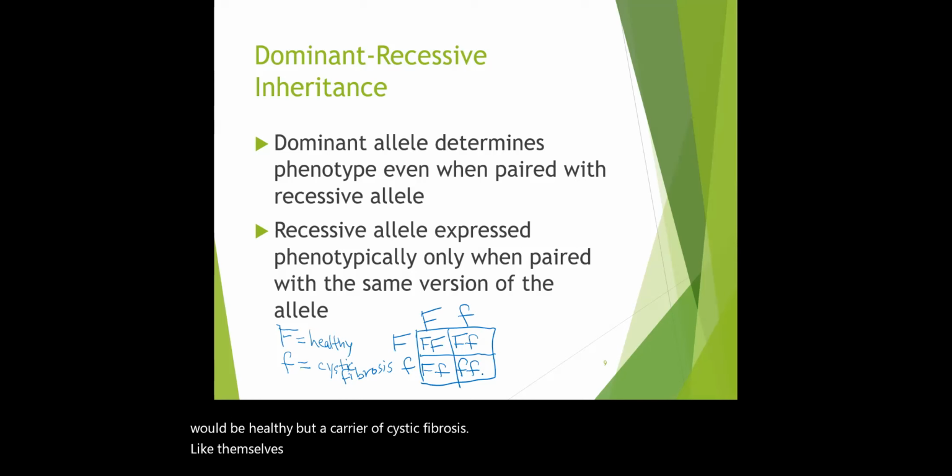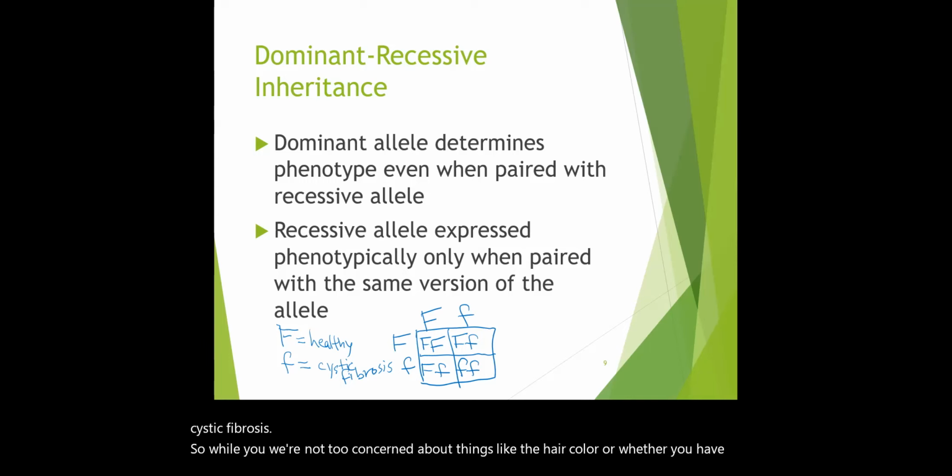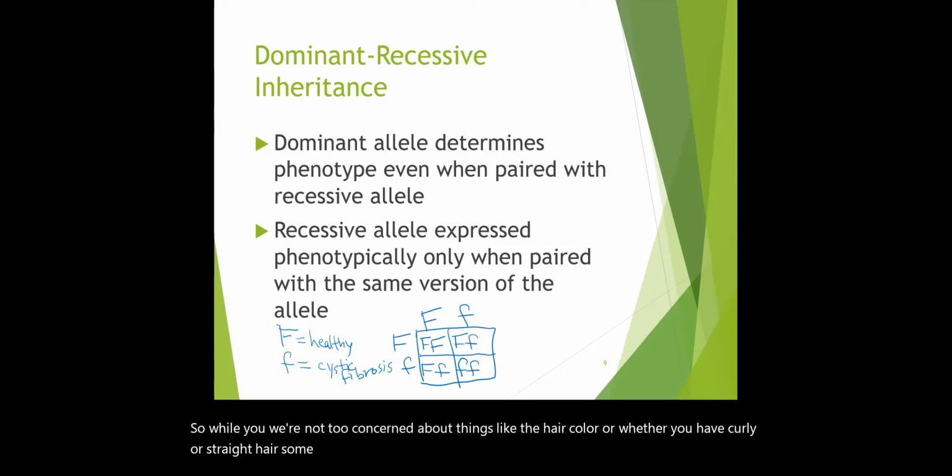And there is a 1 in 4 or 25% chance that their child would have cystic fibrosis. So while we're not too concerned about things like the hair color or whether you have curly or straight hair, some of these recessive traits again determine whether you have diseases, serious genetic diseases, and so becomes an important thing to be aware of.